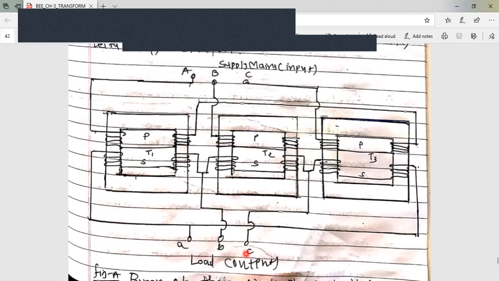See here, this is the first single phase unit, this is the second, and this is the third single phase unit. The three cores of the single phase units are different. The upper ones are primary windings and the lower ones are secondary windings.